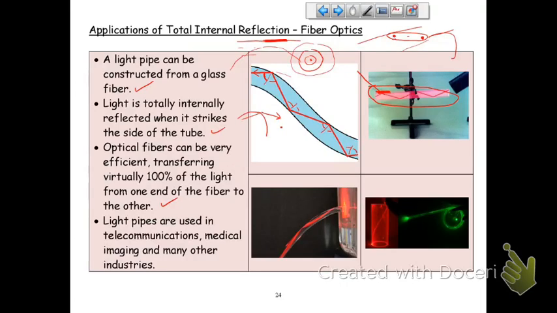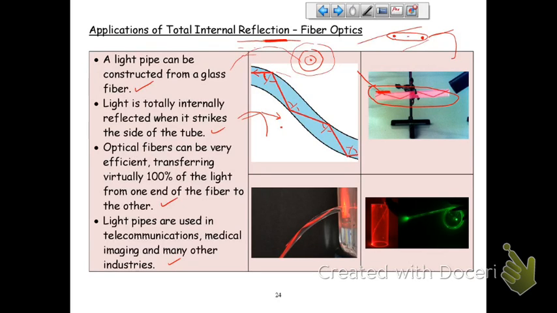I thought, oh man, I must have some mucus because I can feel stuff falling down my throat. And the doctor says, no, polyps on the vocal folds. So the optical fiber was looking down here, having gone through my nasal cavity. Try that 5 years ago, that would have been a bit more painful. Light pipes are used in telecommunications, medical imaging, and many other industries.